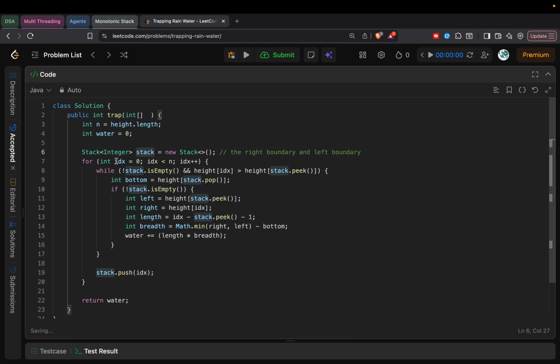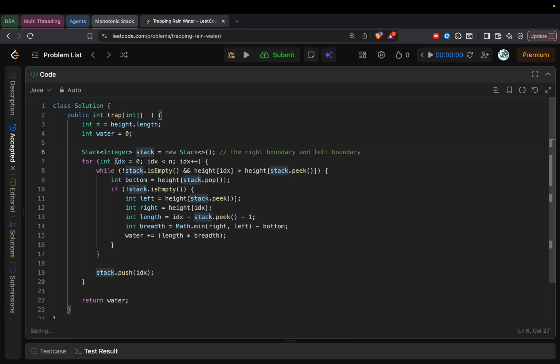Whenever I encounter a height which is greater than the height of the previous bar, or the height at the top of the stack, if the height of my current building is greater than the top of my stack, okay, that means I have encountered a right boundary.